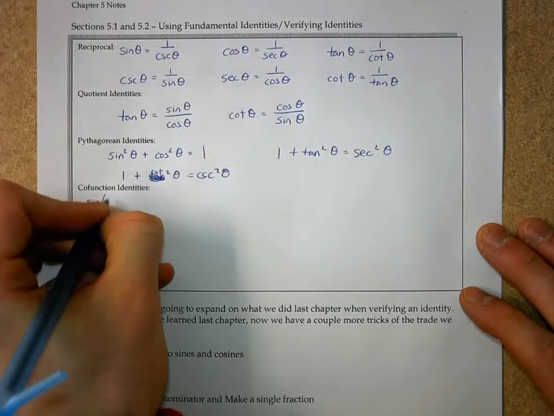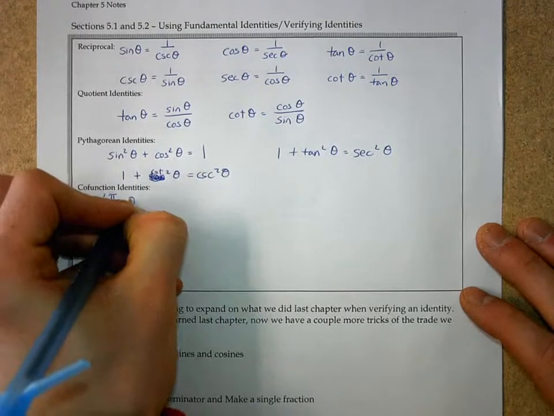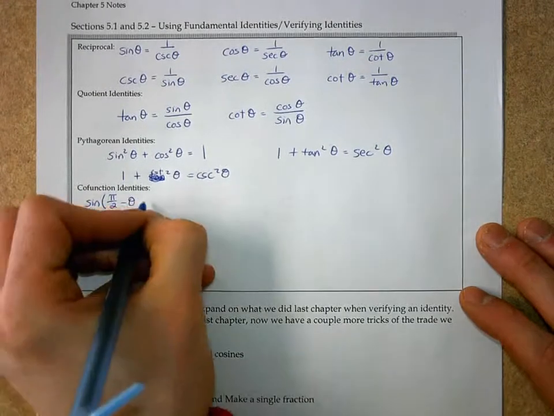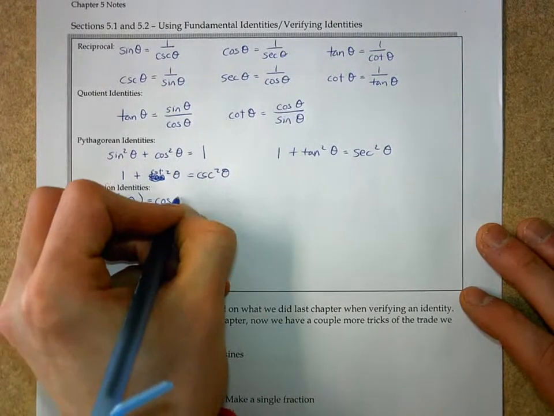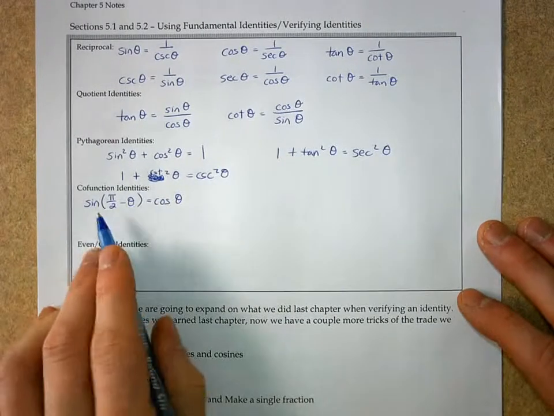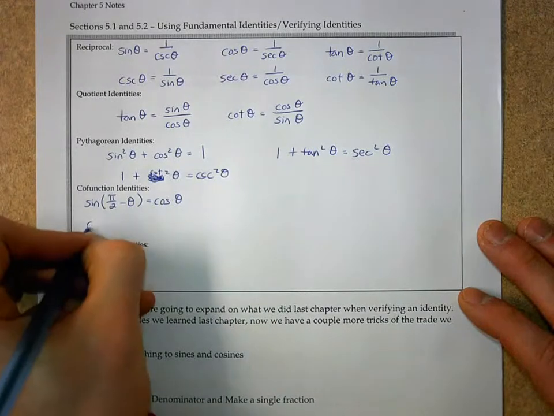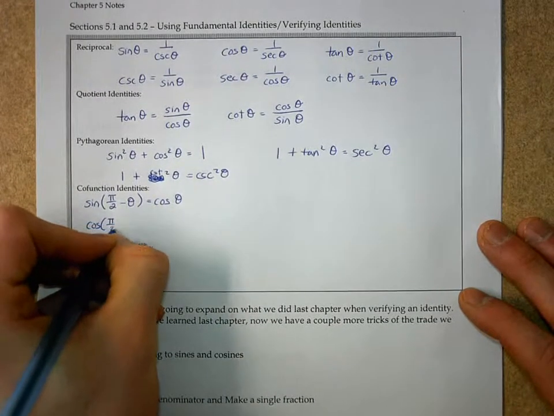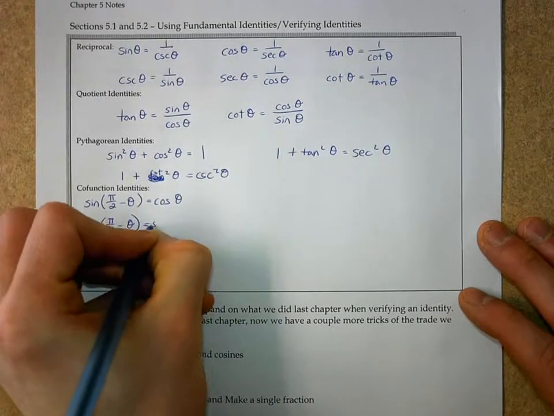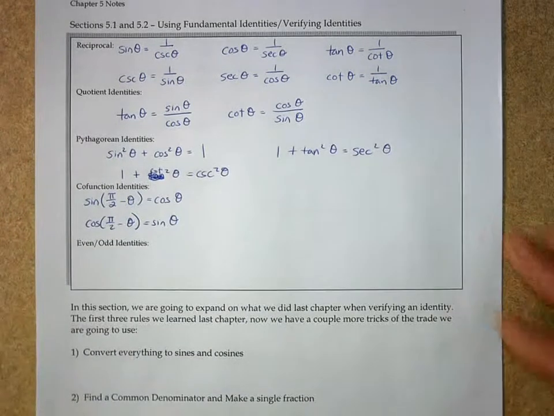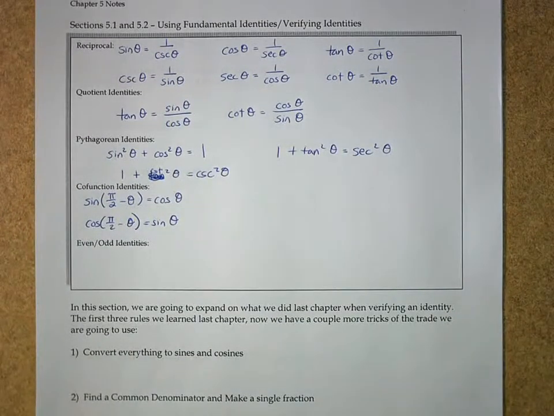So the cofunction identity that we had was the sine of pi over 2 minus theta. That was the same thing as the cosine of theta. So sine was paired with cosine. And we could go in the other direction as well. The cosine of pi over 2 minus theta is equal to the sine of theta.